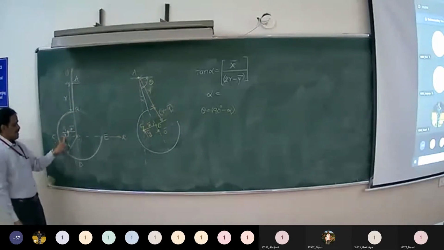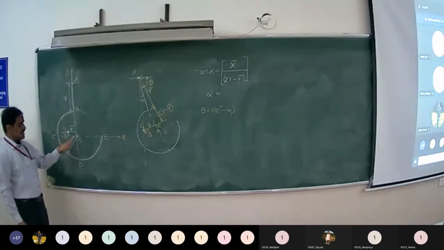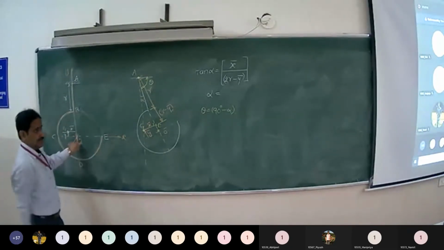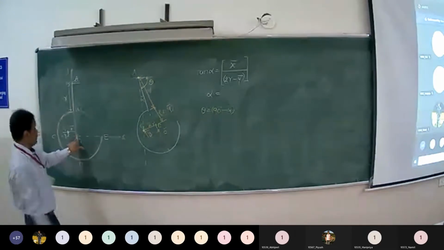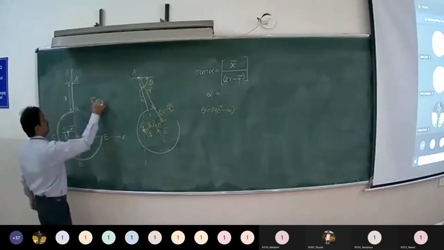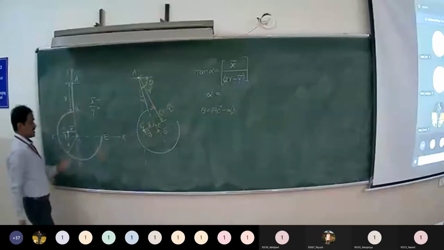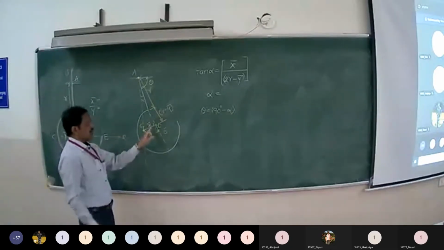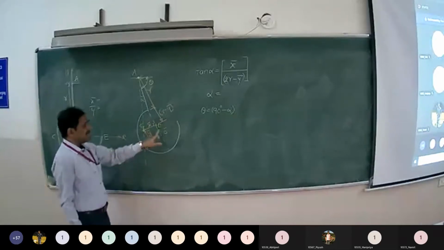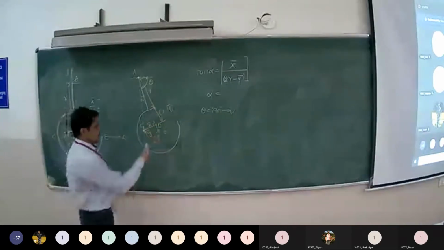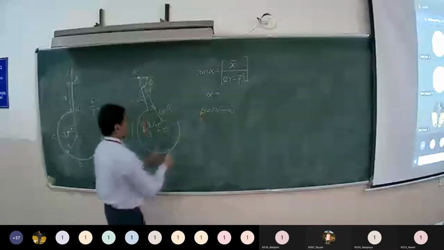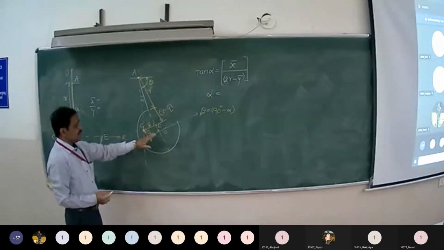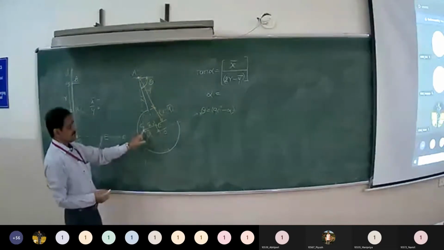So using our usual procedure, you can find out the x bar and y bar with respect to point O. Now coming to this figure, x bar is the distance from point O along the x-axis, on the left hand side, and y bar is the distance of the centroid from the x-axis.